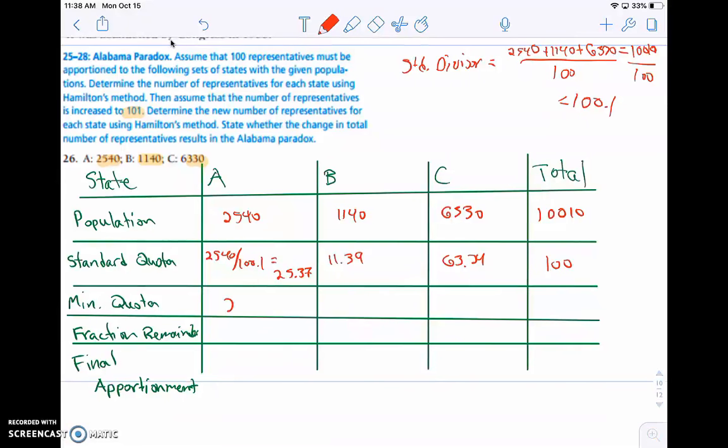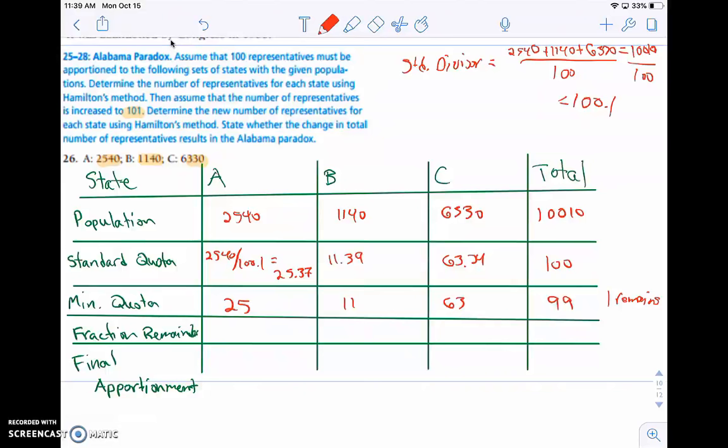The minimum quota, just going to truncate or take off those decimals, so 25, 11, 63. And if I add all of these up, I fall one short. There's 99. So I have one remaining that I need to allocate.